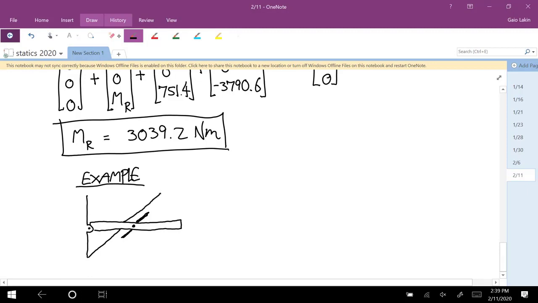And that slot is in something that's fixed to the ground. Okay, so all of this shaded stuff is fixed to the ground.